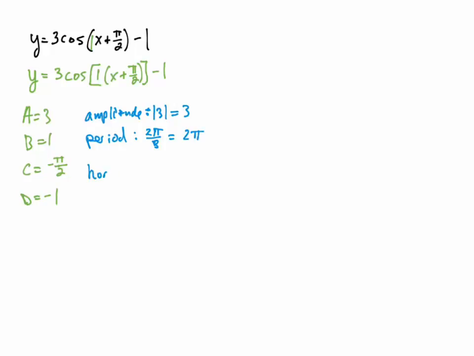For the horizontal shift, we are shifting pi over 2, and that's to the left, so we'll say left pi over 2 units. And then for the vertical shift, we are going down 1 unit. All right, so let's take a look at the period length. So the period is going to be 0 to 2 pi.